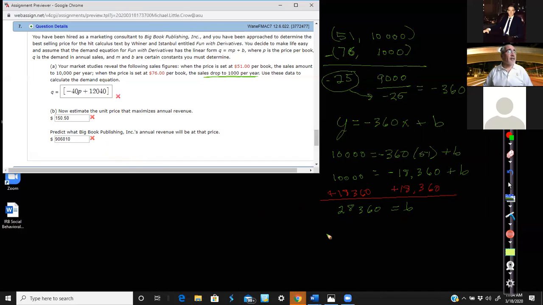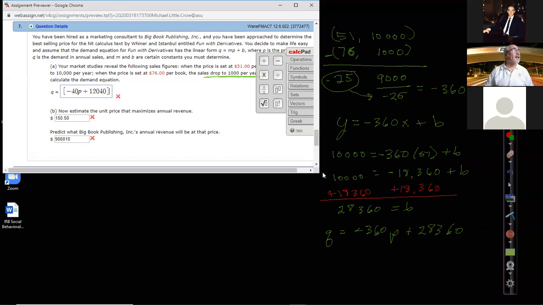So putting that together, we find that Q, which is the y value, is equal to negative 360 P plus 28,360.